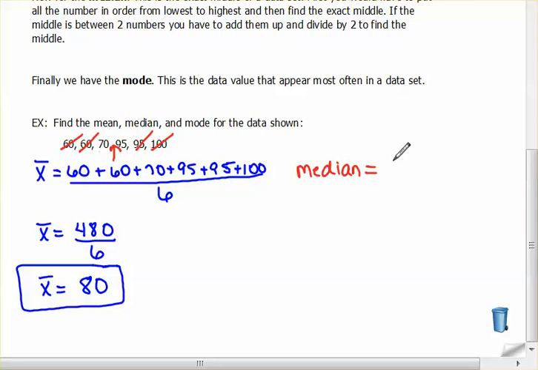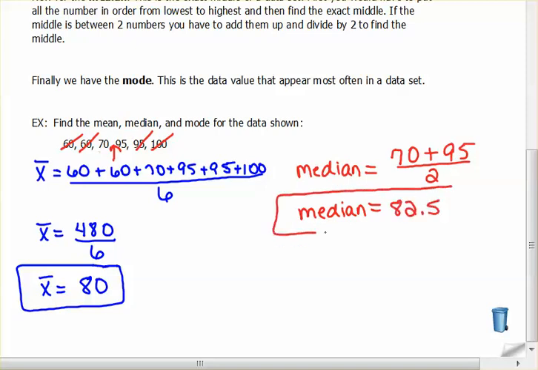So I need to figure out what that would be by adding up 70 plus 95 and dividing by 2. When we do that, we should get 82.5. So that would be our median.